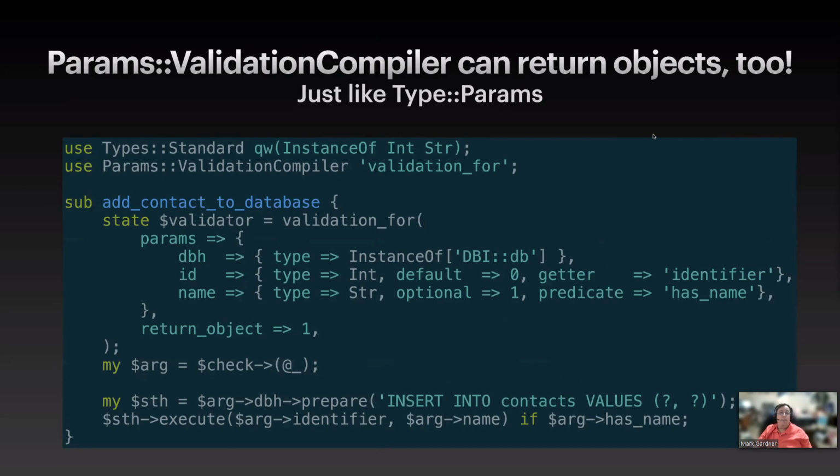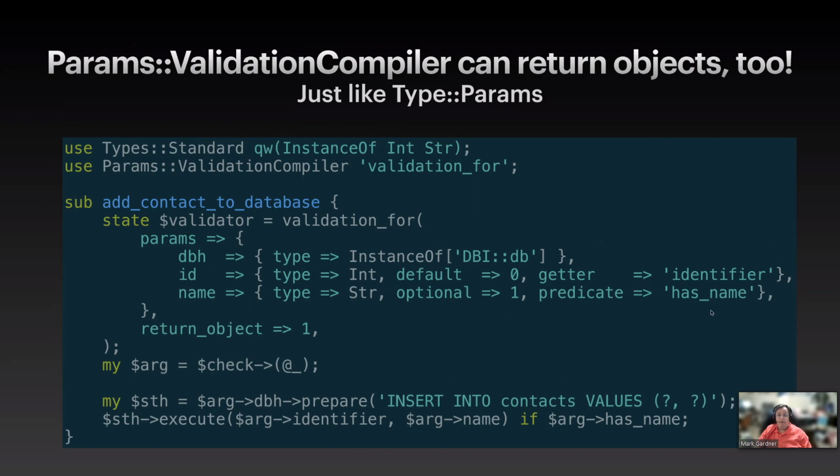Okay. Params Validation Compiler can return objects too, just like type params' compile OO function did. So here's that add contact to database rewritten for Params Validation Compiler. I'm even using standard types from Type::Tiny, just to show you that they play nice together. Here we're calling validation_for, we say we've got named params of dbh, id, and name.